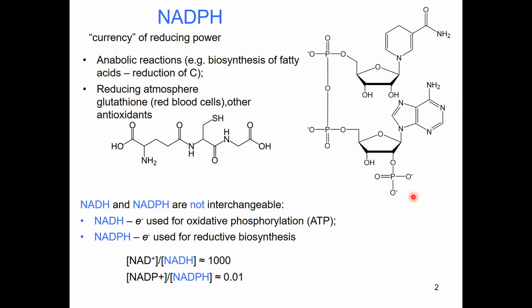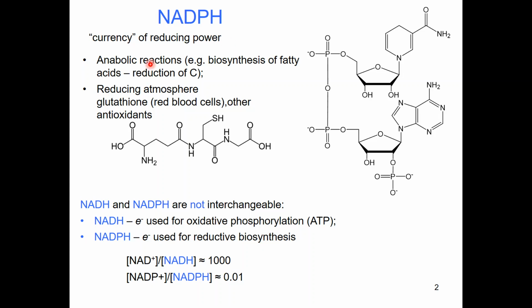NADPH is considered to be the currency of reducing power, and it is used mainly for anabolic reactions. For example, we will consider biosynthesis of fatty acids or synthesis of nucleotides. It is also used to maintain a reducing atmosphere inside the cell.